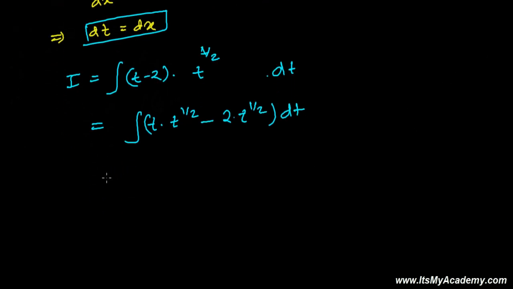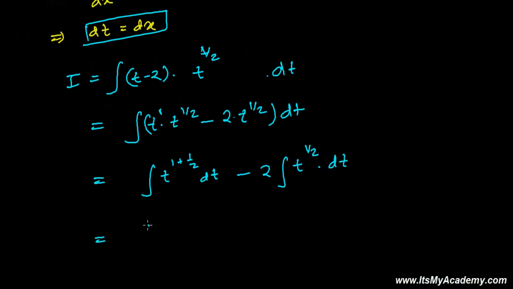Further, I'm separating the terms: t to the power 1 and t to the power half get added, so it will be t to the power 1 plus 1 by 2, dt, minus, again 2 is a constant coefficient, it comes outside, and t to the power 1 by 2, dt.